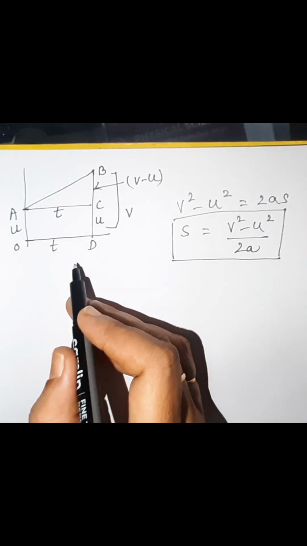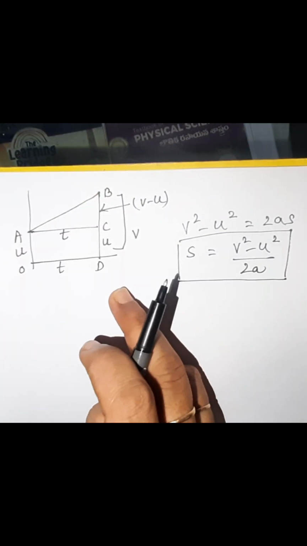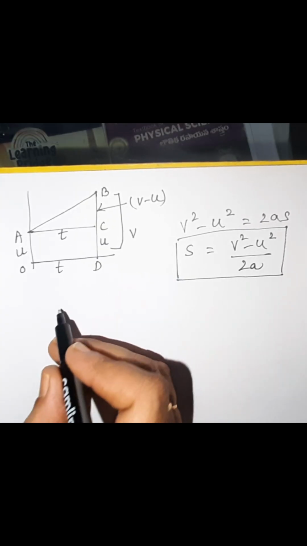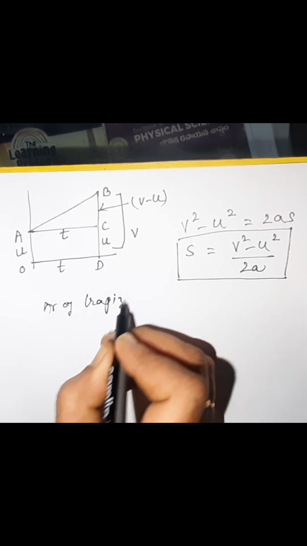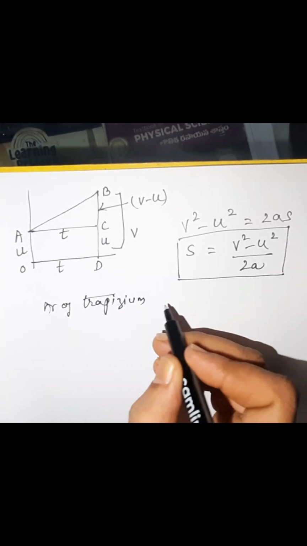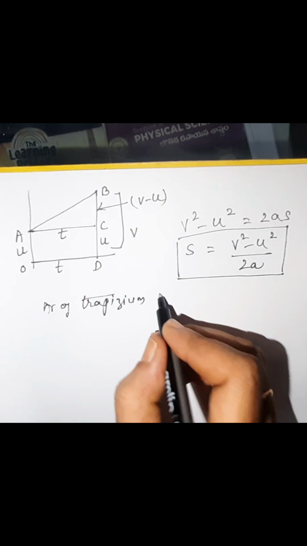The same graph which we had for the second equation, the same graph we will follow; only the formula will change here. As we are finding the area of the trapezium, the same we are going to apply for the third equation. The trapezium is AODB.